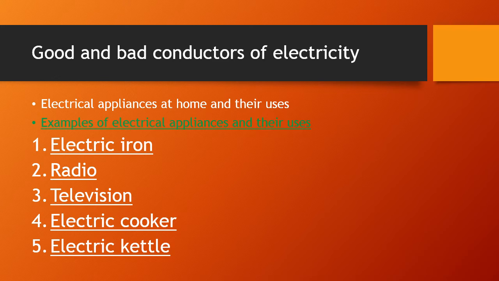Television, we watch news and other programs. Electric cooker helps in cooking food or warming food. Electric kettle, warming or boiling water. Other electric appliances include refrigerator, microwave, blow dryer, electric heater, and a washing machine.